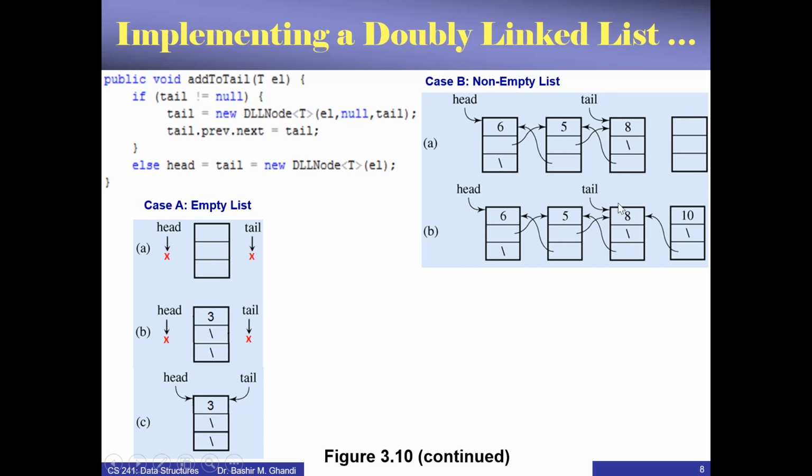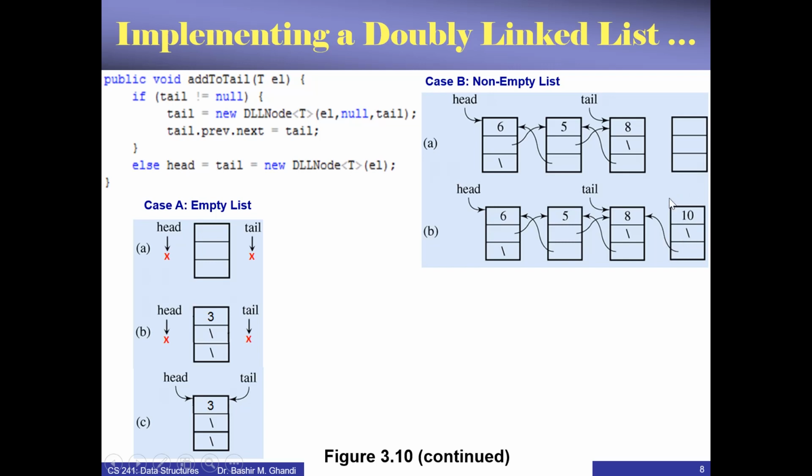Tail is currently pointing to this node. So if we say this becomes tail, we are saying this goes to the same node as tail. Great. Now, having done this link, we now want to update our tail, because tail should not be this node anymore. It should be this one.